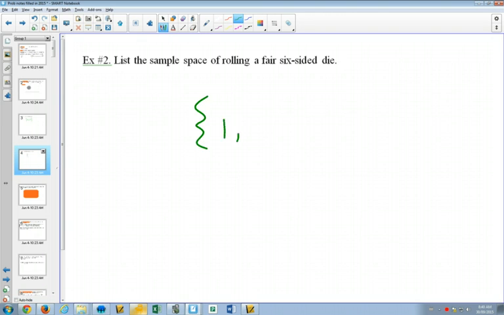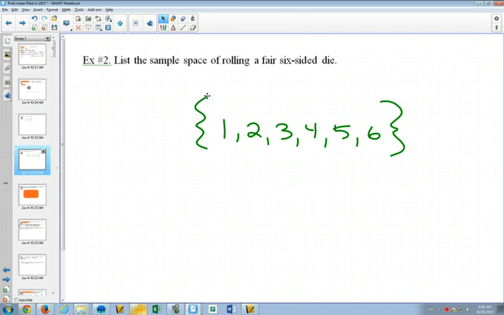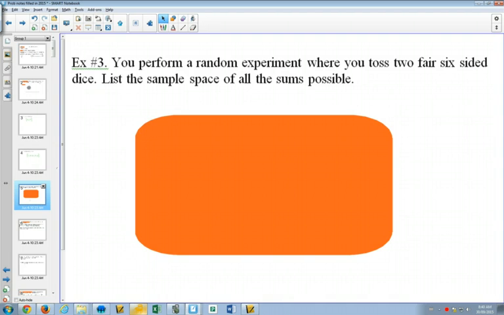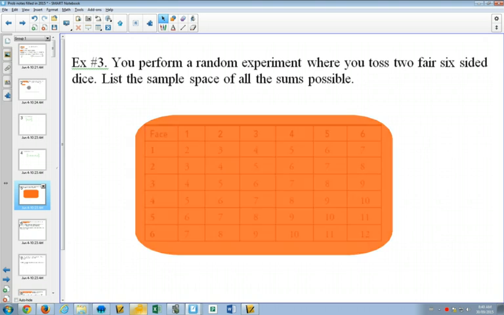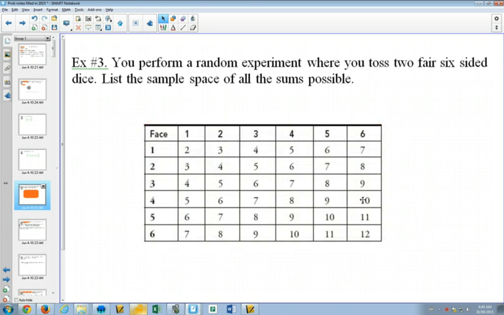Ooh, that one didn't turn out so good. So it lists all the possibilities. Sometimes if you have a bigger thing like rolling 2 sets of dice, a chart can help you make it nice because you can set up 1 through 6 on one side and 1 through 6 on the other, and then you can list all 36 possibilities.